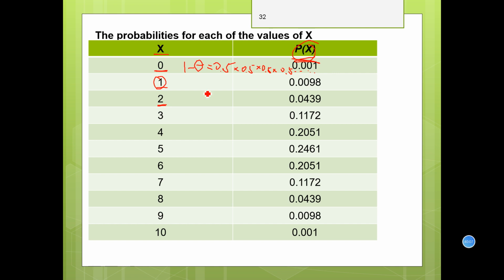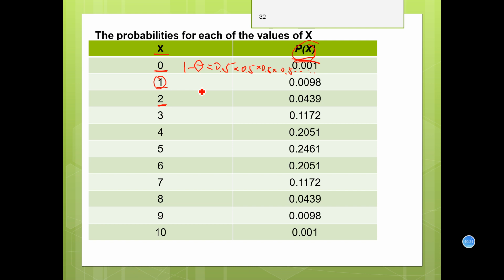Okay, so next one, when x equals 1. So x equals 1, that means in 10 tosses we had only 1 head and 9 tails. So what is the probability?